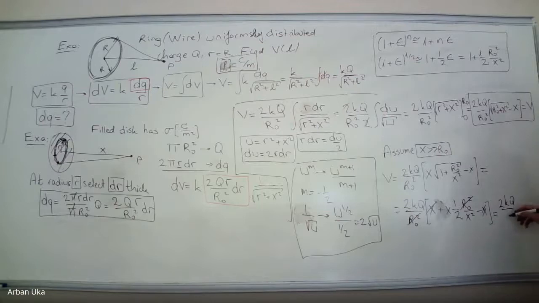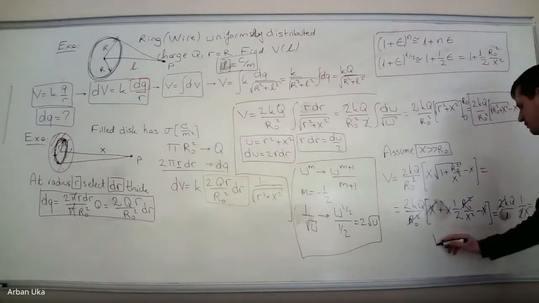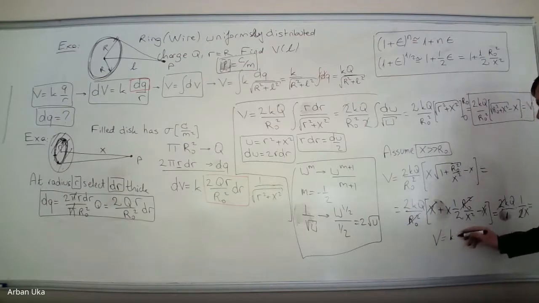Let's give this 1 times 1 over 2x, right? Because this x cancels x squared, that's what we are left with. And the 2's go out again. And apparently, V is going to be equal to k cubed over x.